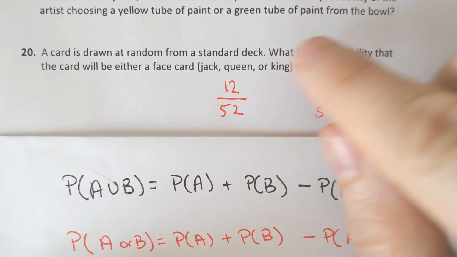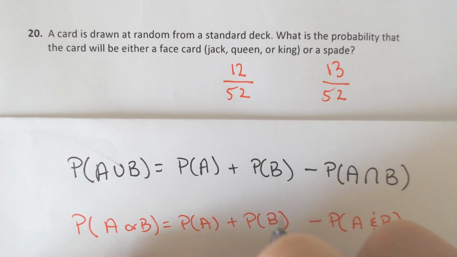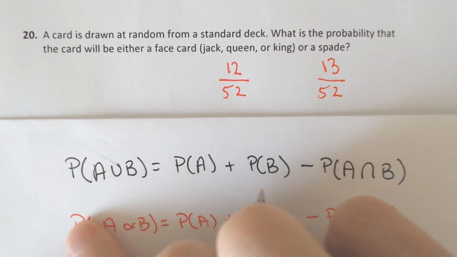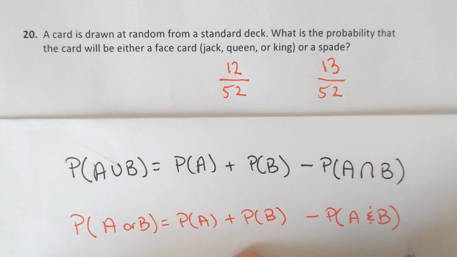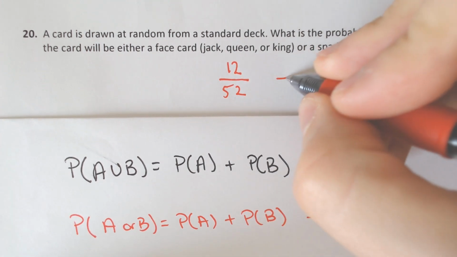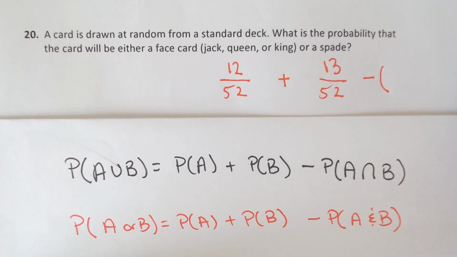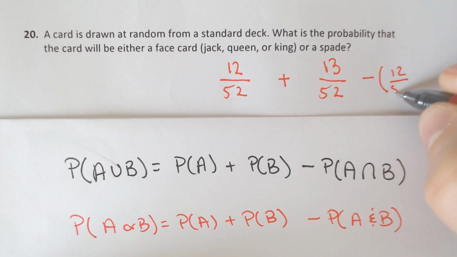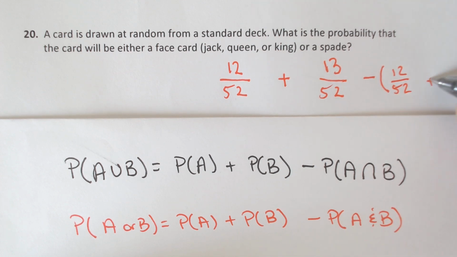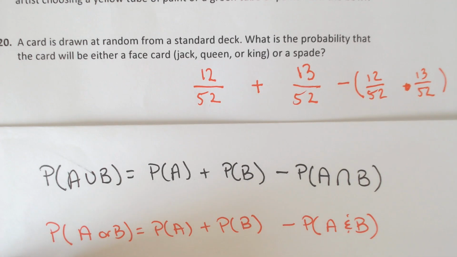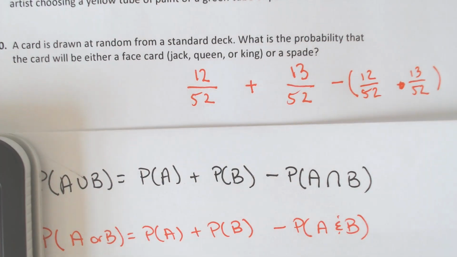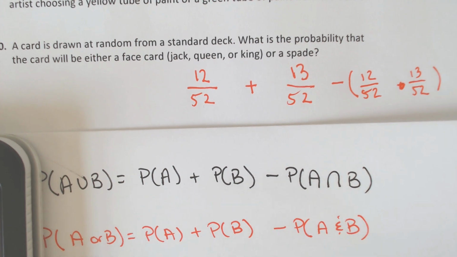Because you could have a jack of spades, these are not mutually exclusive, we have to use the formula. So we have to add them and then subtract, multiplying them to get the answer. So it's always important to identify if it's mutually exclusive first, and then you type in the values.